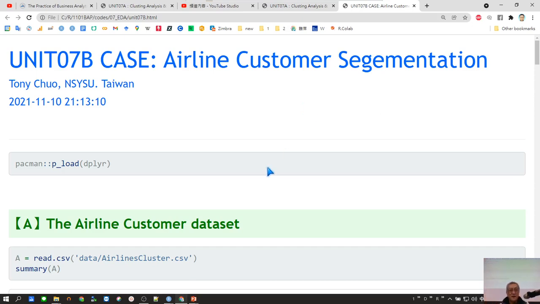Maybe the most important application of clustering is customer segmentation. Does anyone know what is customer segmentation or market segmentation? Anyone who can explain this for me? You should have done this already, right?